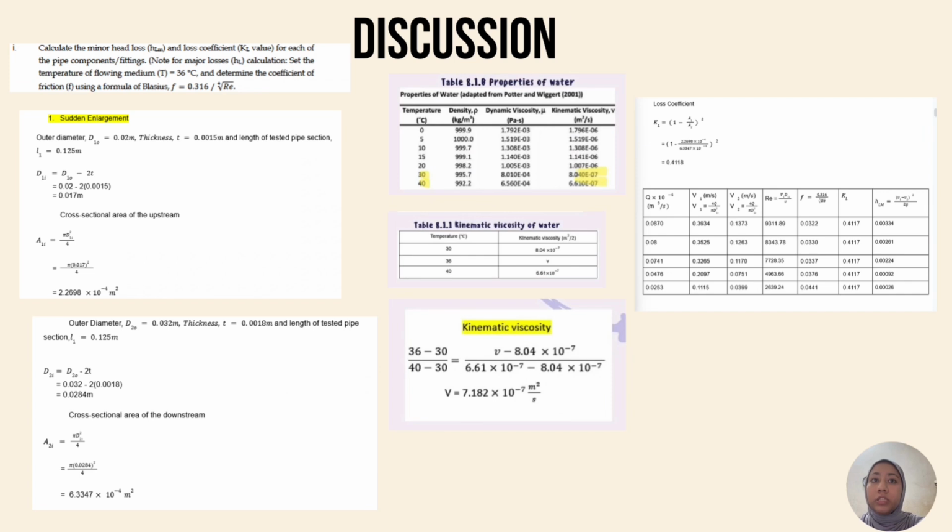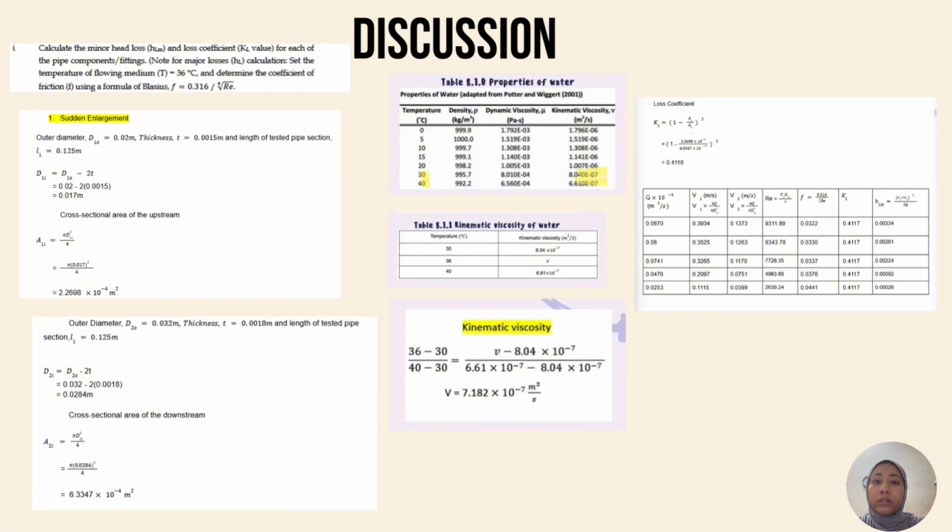Now for the discussion, we need to calculate the minor head loss and the loss coefficient for each of the pipe components. So first, for sudden enlargement, the diameter D1I is 0.017 meter and the cross-sectional area of the upstream, A1I, is 2.2698 times 10 to the negative 4 meter square.